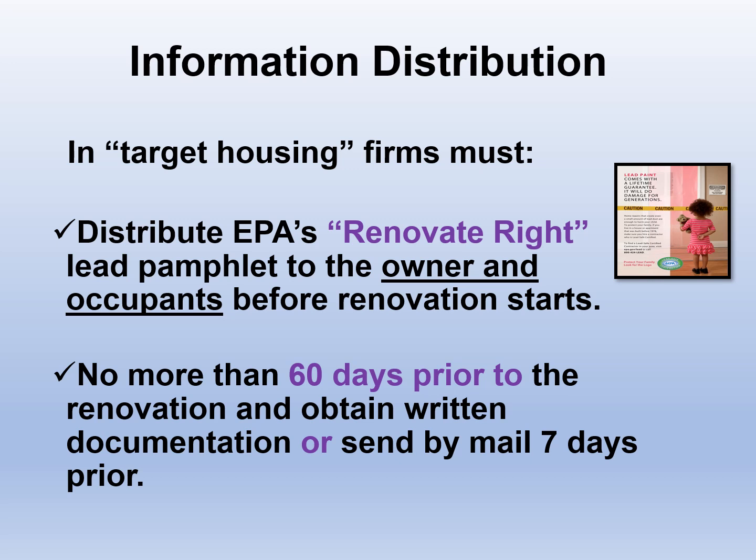This Renovate Right lead pamphlet must be distributed to the owner and occupants before the renovation starts. So no more than 60 days prior to the renovation, and obtain written documentation or send by mail 7 days prior.